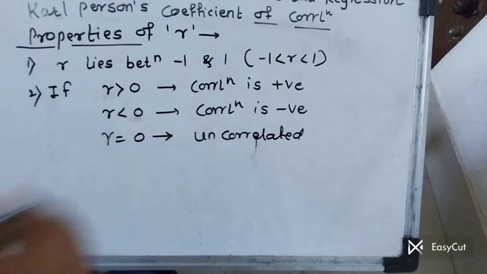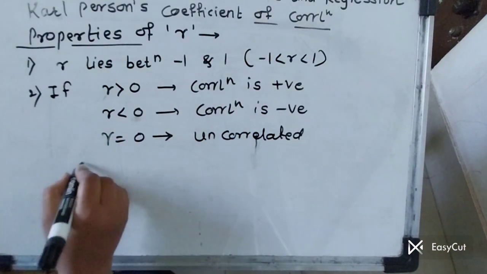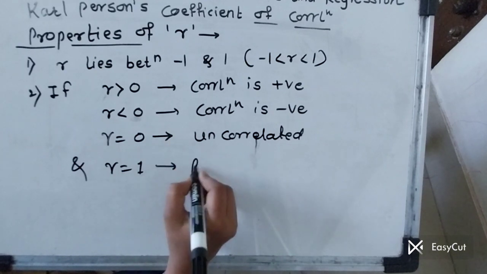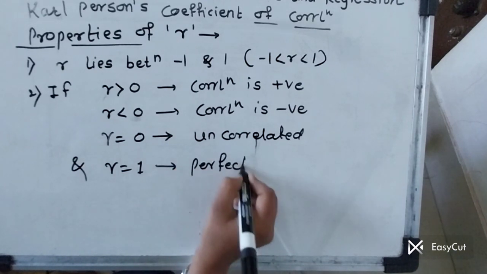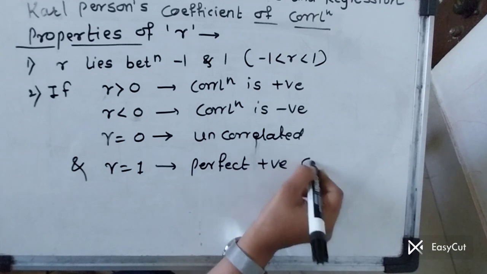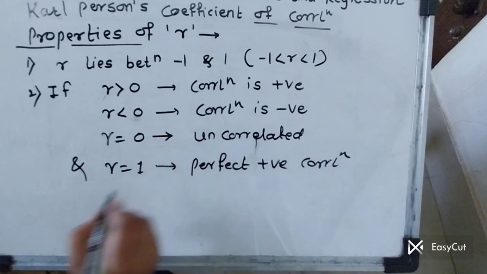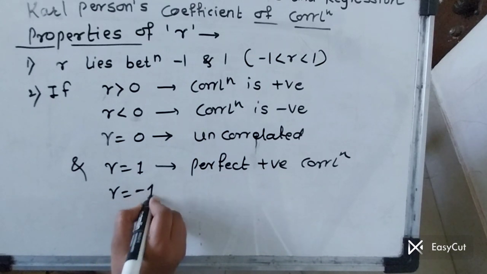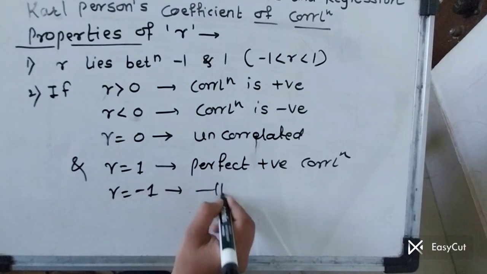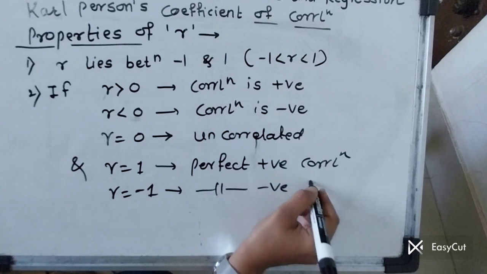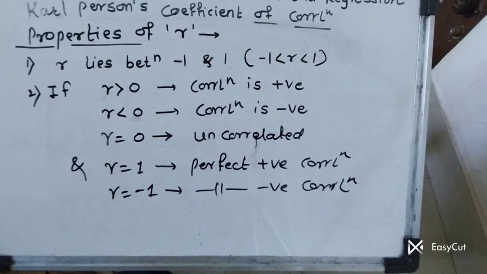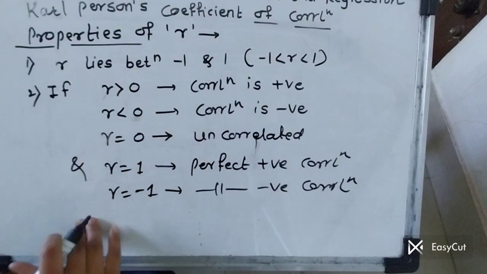Suppose r equals 1 means perfect positive correlation. If r equals -1, we can say there is perfect negative correlation between two variables. Take a screenshot of this note.